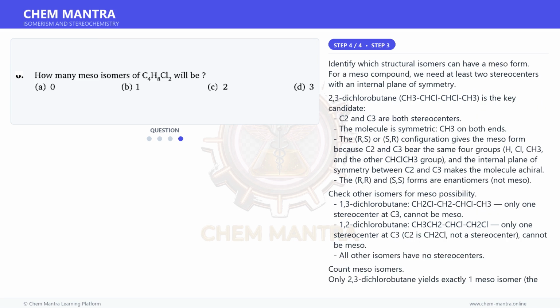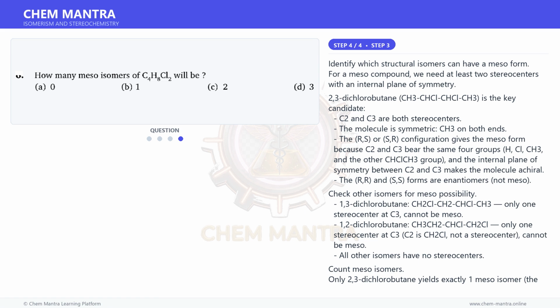And for the final step, identify which structural isomers can have a meso form. For a meso compound, we need at least 2 stereocenters with an internal plane of symmetry. 2,3-dichlorobutane, CH3-CHCl-CHCl-CH3, is the key candidate. C2 and C3 are both stereocenters.